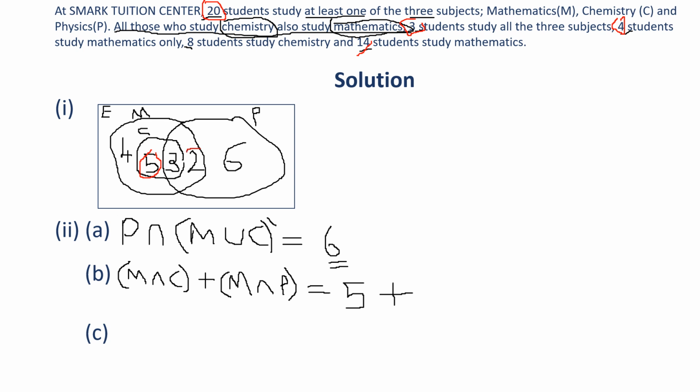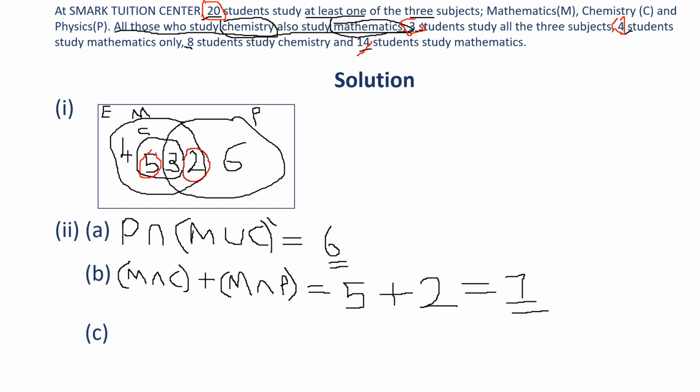We can see them here, that is 2. And when you add 5 plus 2, we will have 7. So those who are studying 2 subjects only, it's 5 plus 2, which is 7. Then move on to the last one.